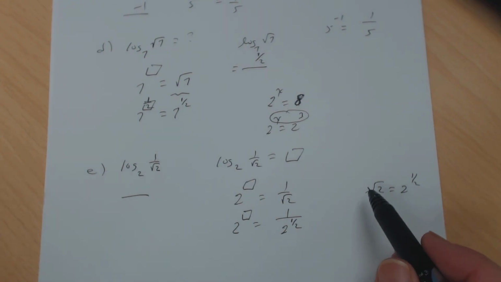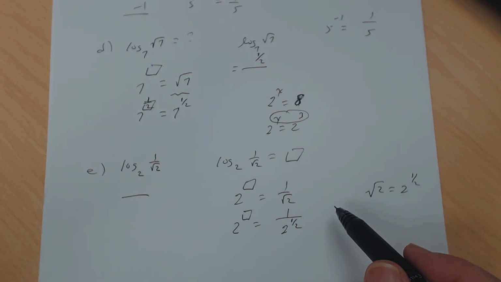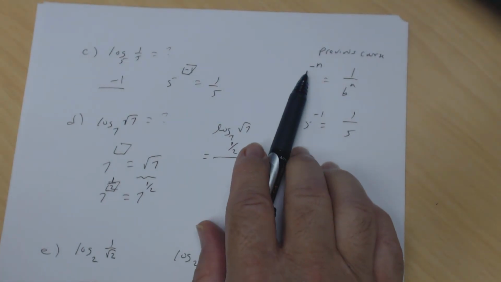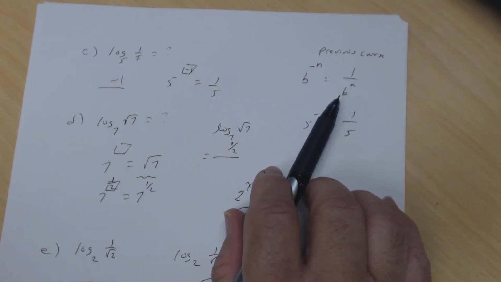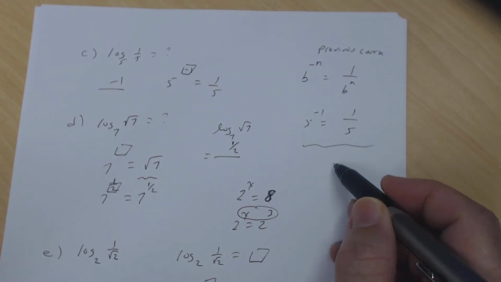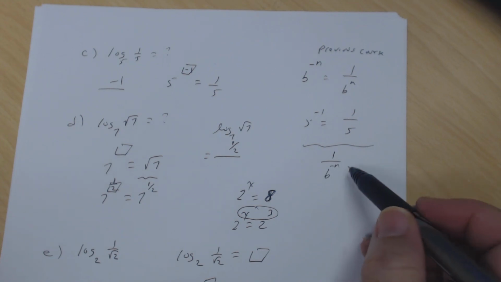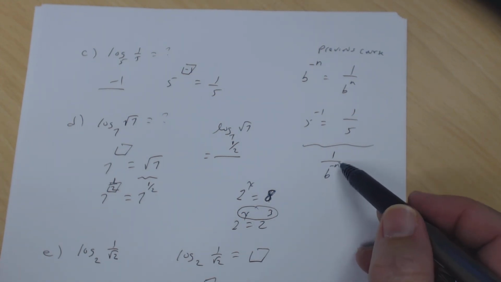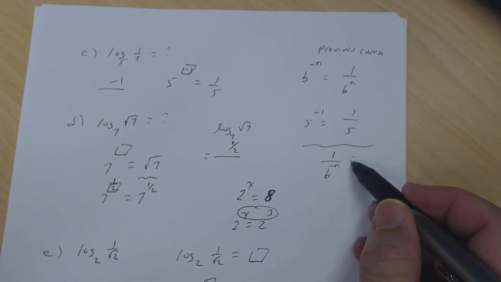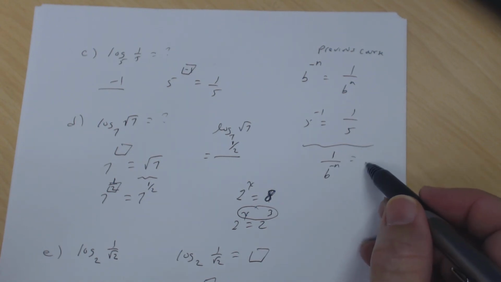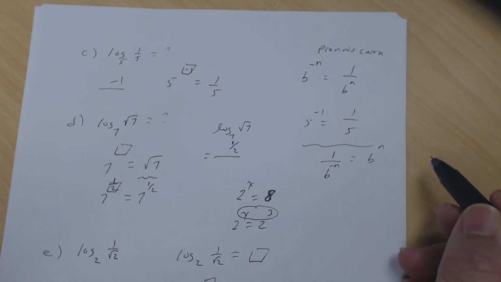In one of your previous courses, you learned that b to the negative n is 1 over b to the n. Well, you also learned that 1 over b to the negative n, you see how my exponent is negative in the denominator? So I just rewrite this term in the numerator, and this is just b to the positive n.